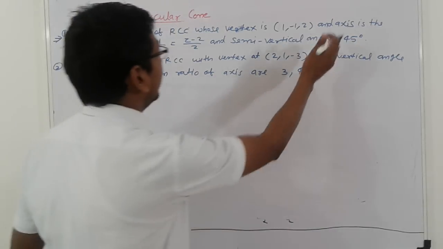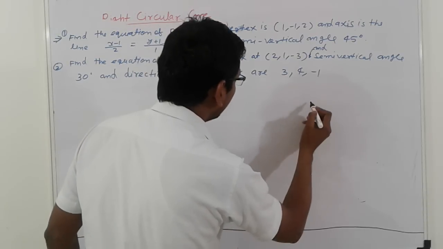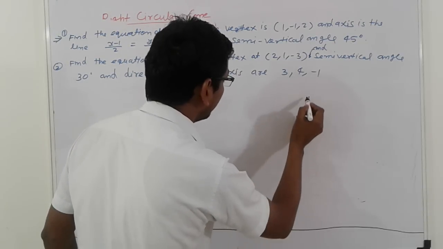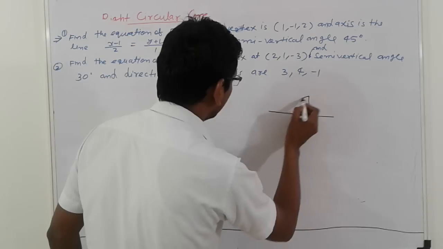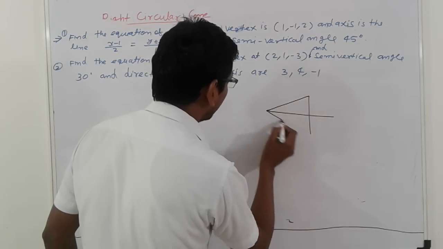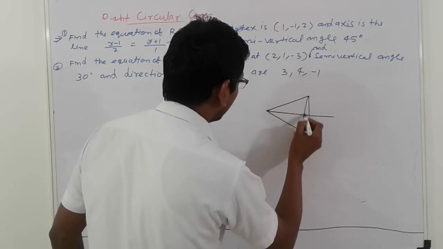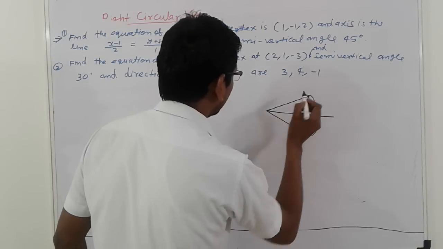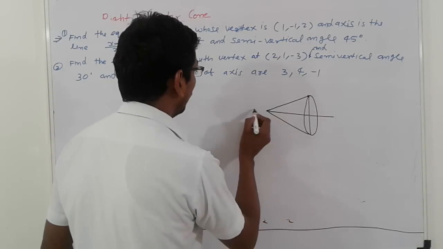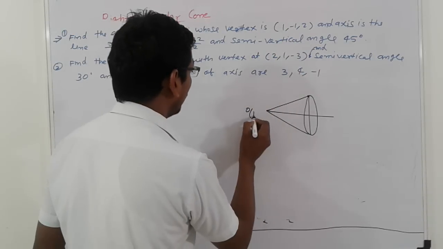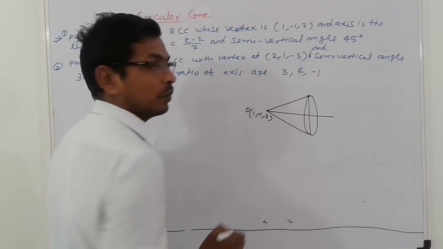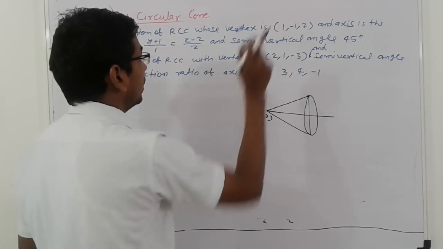Means first, draw the figure here. Cone. This is O, meaning the vertex, and the vertex coordinate is given as (1, -1, 2).